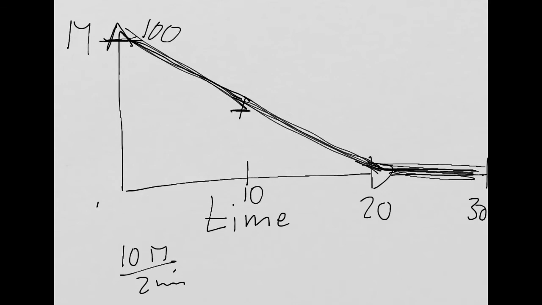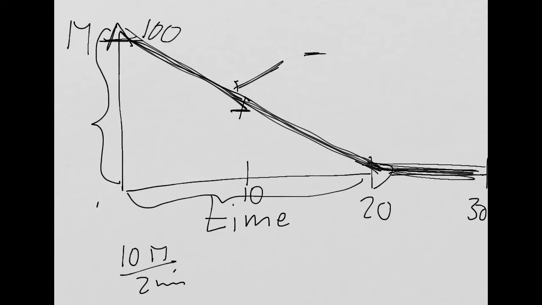If we look at the gradient of this graph, this gradient here is actually minus k, because the graph goes down.